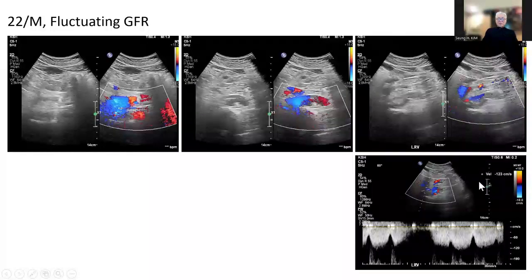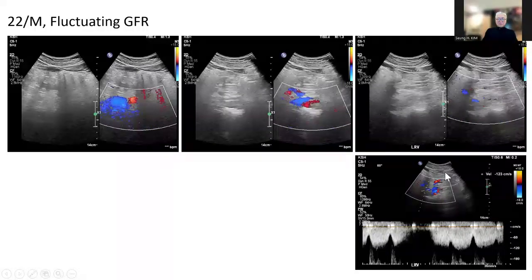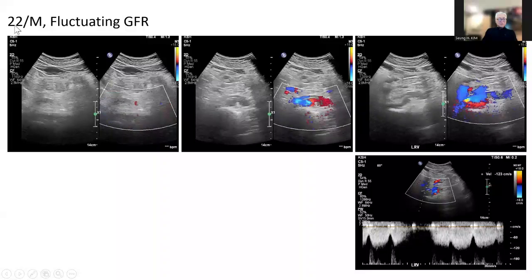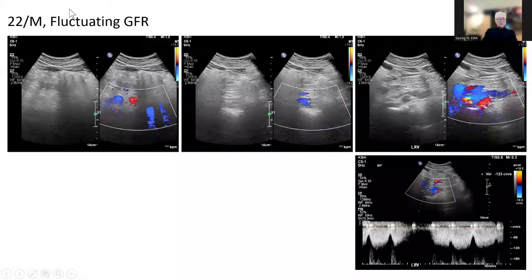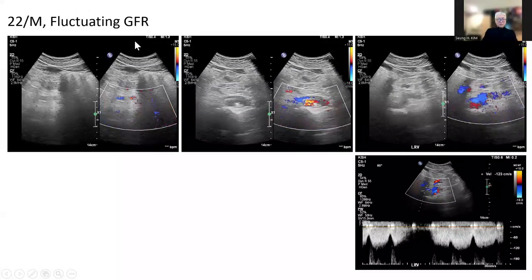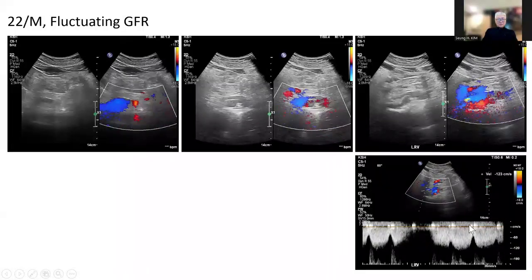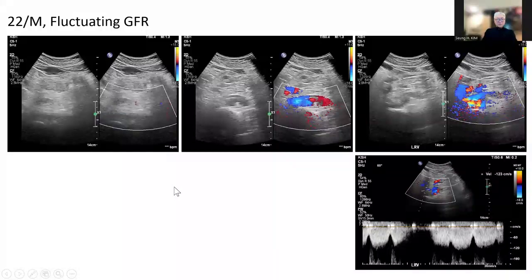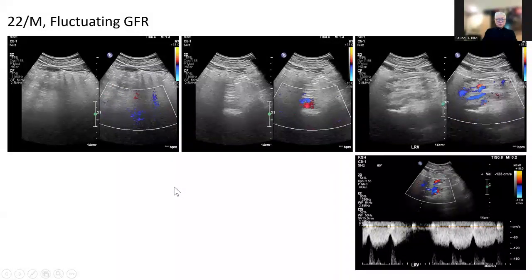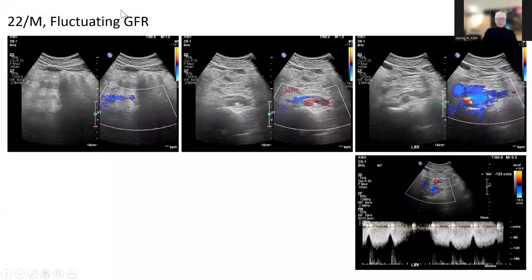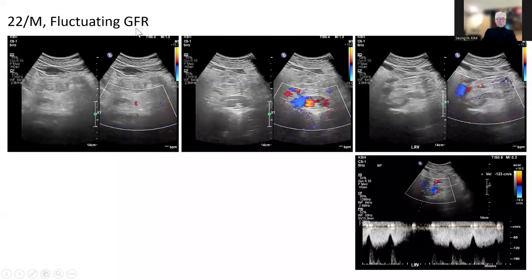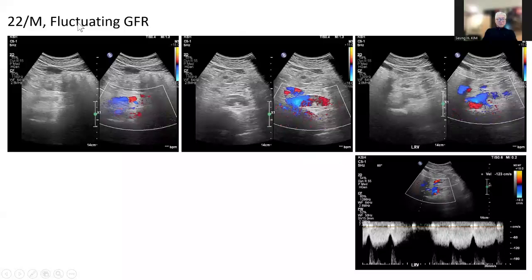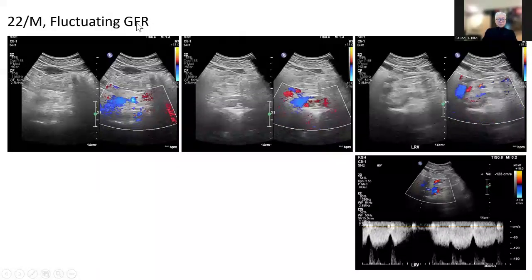So we can make a diagnosis that this patient has a nutcracker phenomenon, and this young patient's fluctuating glomerular filtration rate might be related to it. We asked the patient to change sleeping posture and repeatedly checked the glomerular filtration rate, and in this patient the glomerular filtration rate recovered.